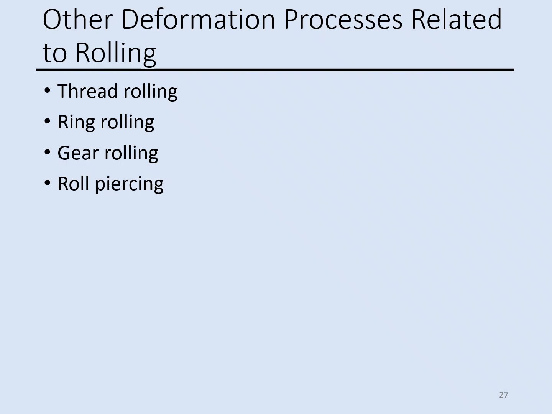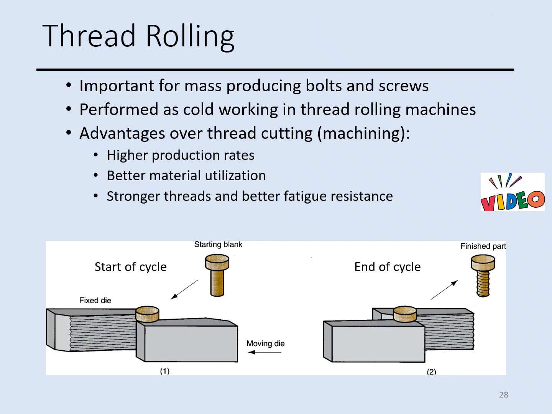We have other deformation processes which are related to rolling process. It's called thread rolling. We have ring rolling. We have gear rolling and roll piercing process. Here the first process is thread rolling. In this picture, the process is shown for you.